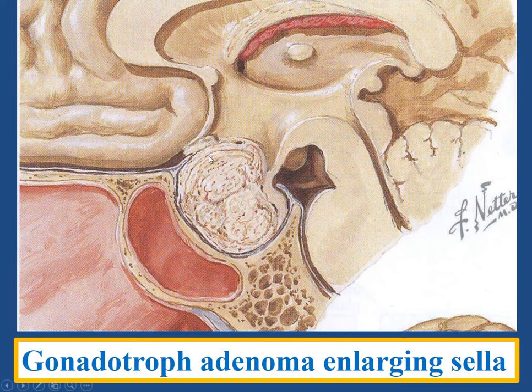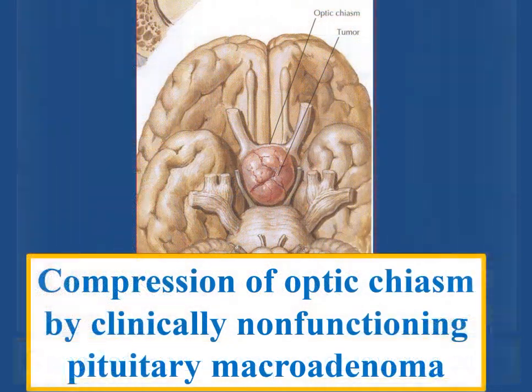gonadotroph adenoma, which results in enlargement of the sella turcica and also results in compression of surrounding tissue with manifestation of mass effect. And in many cases, this non-functioning adenoma may result in hypopituitarism because of compression of pituitary cells.